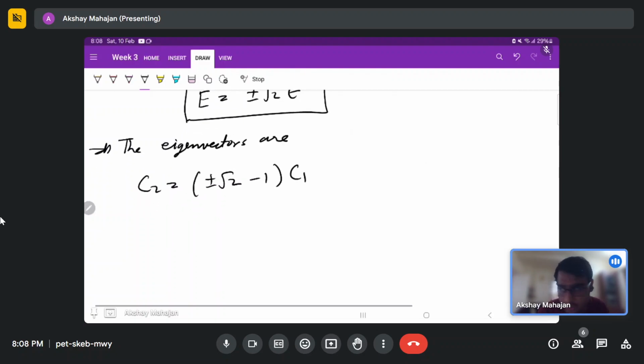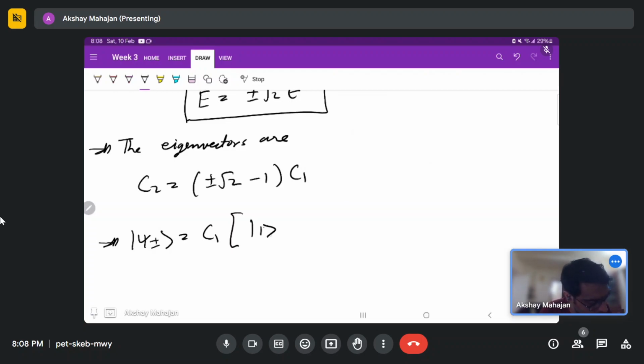So you can write the wave function psi plus minus as C1 times ket 1, and instead of C2 I can write (plus minus root 2 minus 1), with C1 taken common, times ket 2.